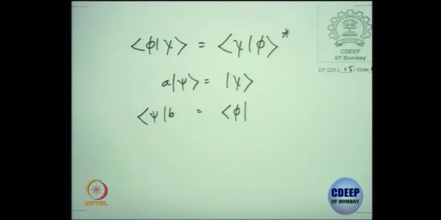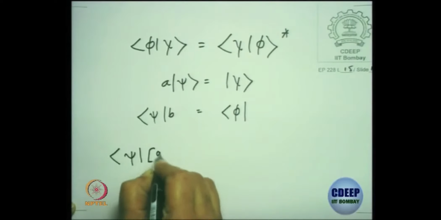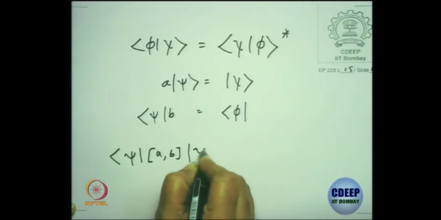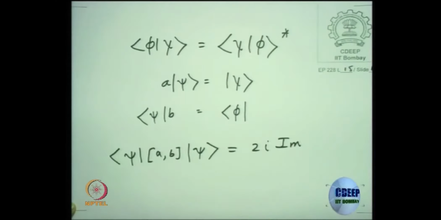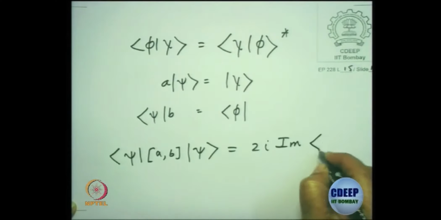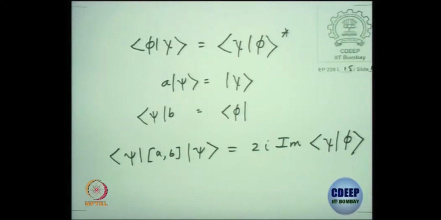So use these two properties and you can show that psi with commutator AB is twice i times the imaginary part of this. I'll leave it to you to check this.